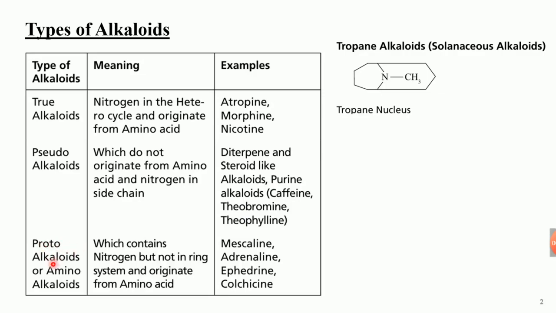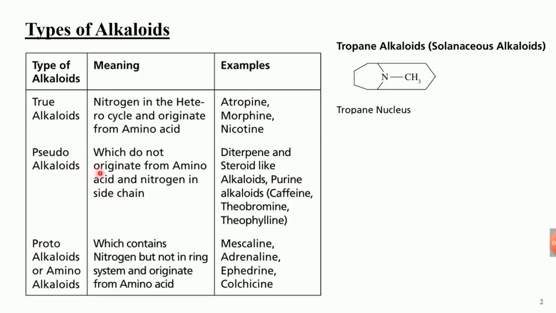Next class is protoalkaloid or amino alkaloid. In case of protoalkaloid or amino alkaloid, they originate from amino acids, but the nitrogen atom is present in the side chain and not in the heterocyclic ring. So if you compare pseudoalkaloid and protoalkaloid, both contain the nitrogen atom in the side chain and not in the heterocyclic ring.